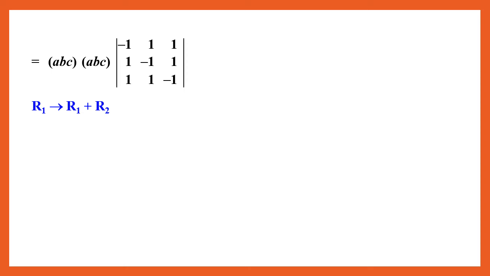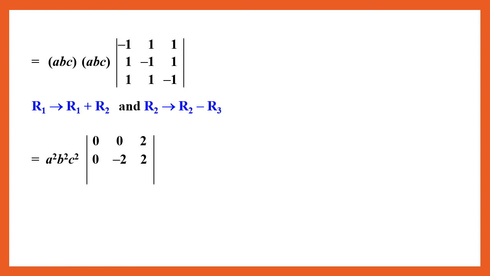Now we will apply the property R1 implies R1 plus R2. When we add these two rows, we get 0, 0, 2. Next 0, minus 2, 2 and 1, 1, minus 1.